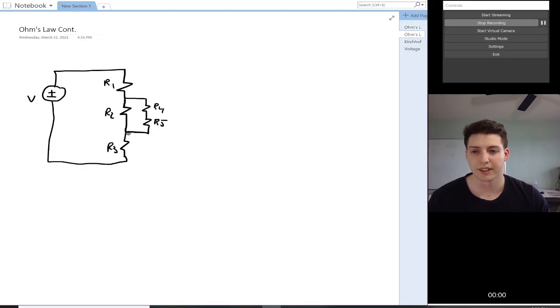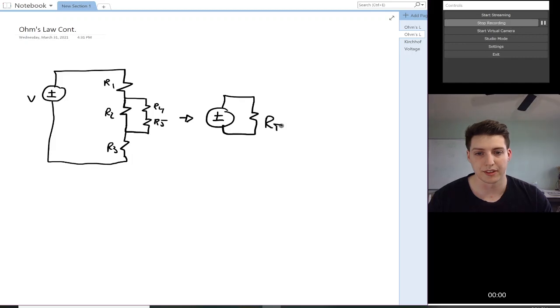So given what we had in the last video, we can have something similar where we have resistors in parallel and series, and then series again, just this entire resistor network. And what we can do is simplify that whole thing in terms of one resistor, RT.